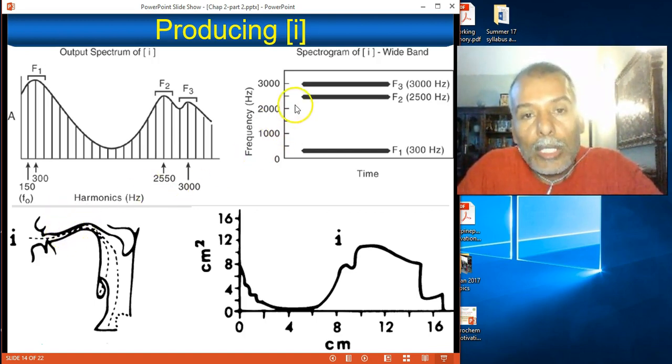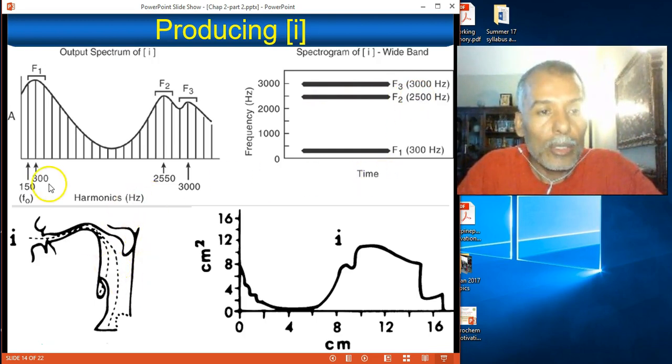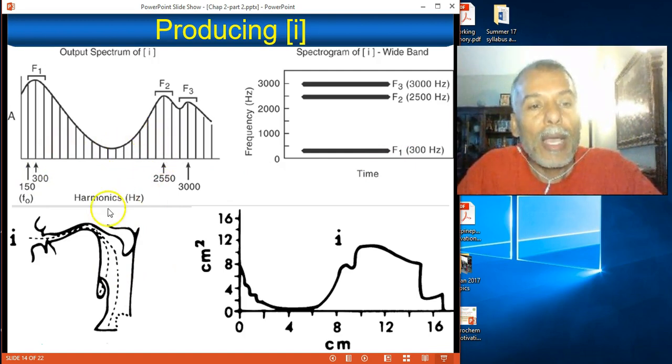So now you could see F2 hits at 2500 hertz. See the gap between 300 and all of this is deleted way back here. You are going to get 2500. That is because the tongue action has restricted the space, had left only a little bit of room for the air to vibrate. That raises F2 significantly.